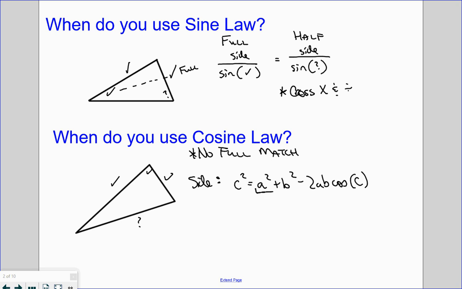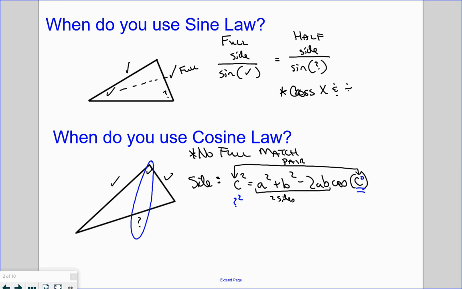In here, those are your two sides that you know. And then on the end, this is your pair, so this is what you're looking for, that's your question mark. And then down here is its matching angle, so that's what would go right in there.